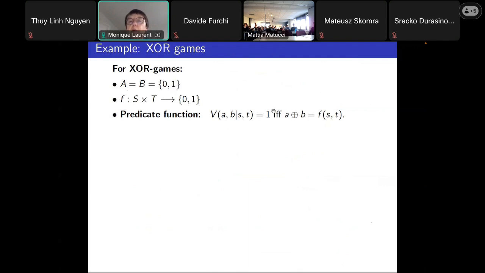We have a 1 precisely when the XOR of the answers, A plus B, is given by a function of the question. So we have a function f, which assigns to every pair of questions 0 or 1, and the predicate is equal to 1 if the XOR of A and B is equal to f of S and T. So this now fully defines a non-local game.